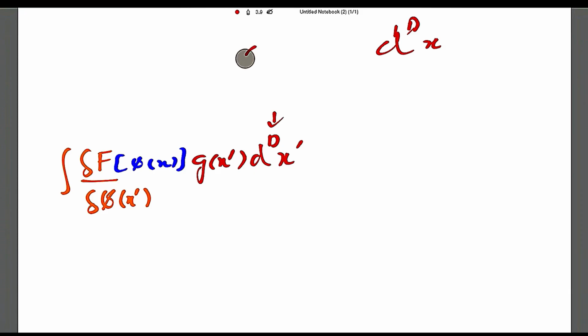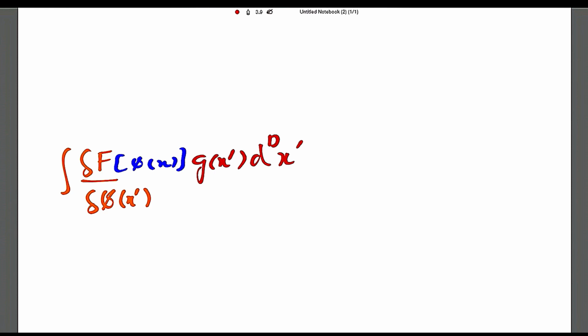If it would have been d cube of x, you would have written d cube of x here, and so on. It depends upon the kind of functional that you have at hand. Now we can continue writing down the formula. Also, since it's with respect to x, this x is the same, we haven't differentiated anything else.